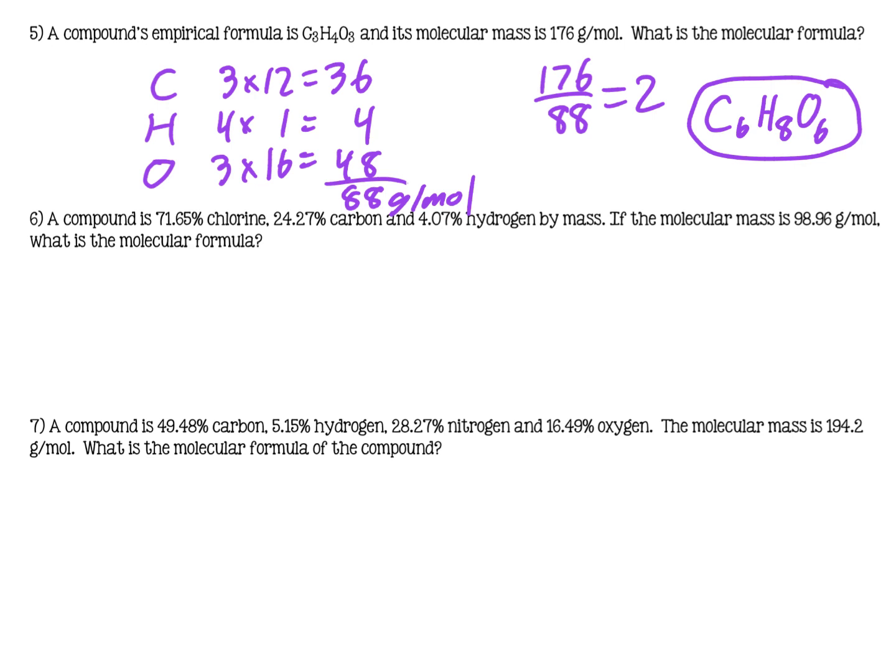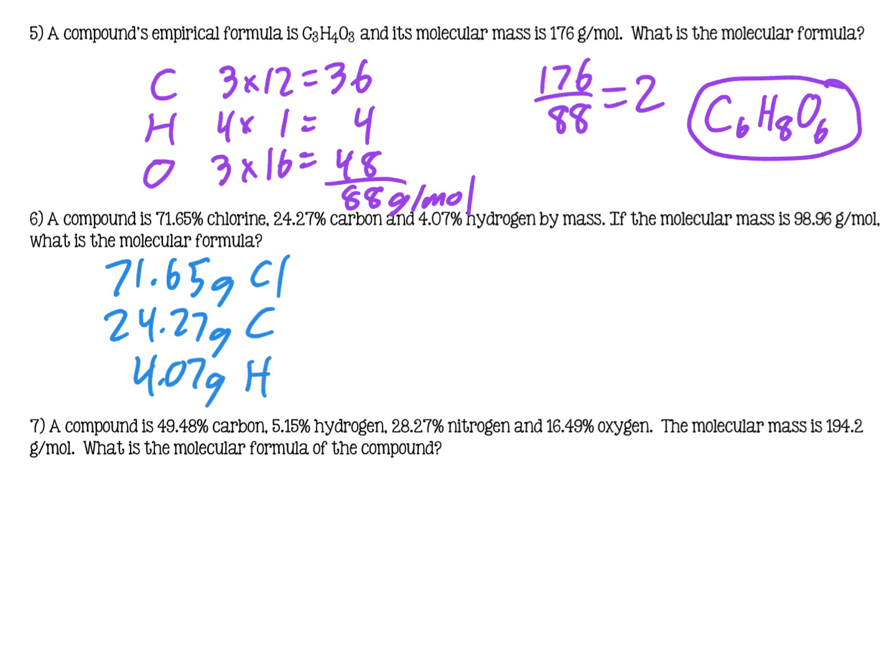In the next example, a compound is 71.65% chlorine, 24.27% carbon, and 4.07% hydrogen by mass. If the molecular mass is 98.96 grams per mole, what is the molecular formula? Well, first of all, let's assume we have 71.65 grams of chlorine, 24.27 grams of carbon, and 4.07 grams of hydrogen. We can take the mass for each element and divide by its molar mass according to the periodic table.